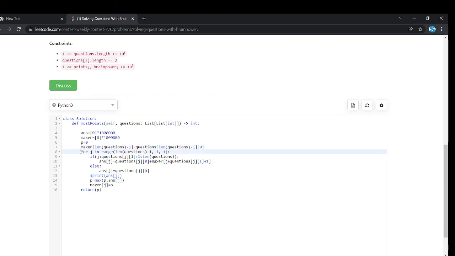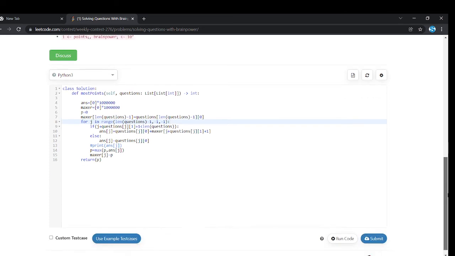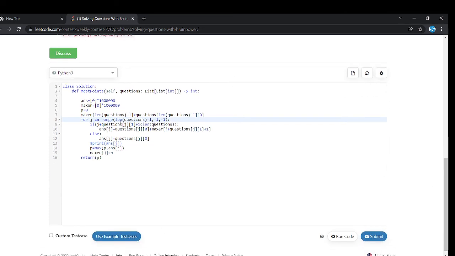Then we are doing the iteration from right to left, and then what we're gonna do is, if we solve this jth question, then how many questions we won't be able to solve? It would be questions of j 1 plus 1, as we discussed here, right?